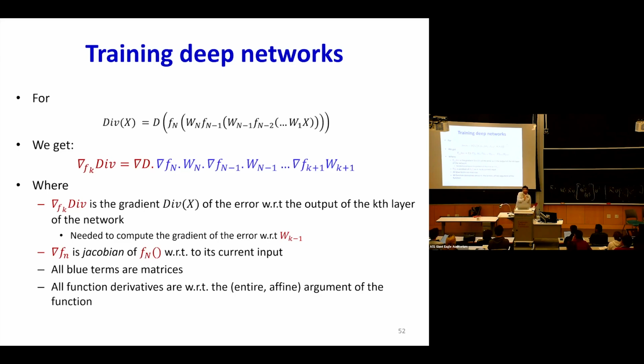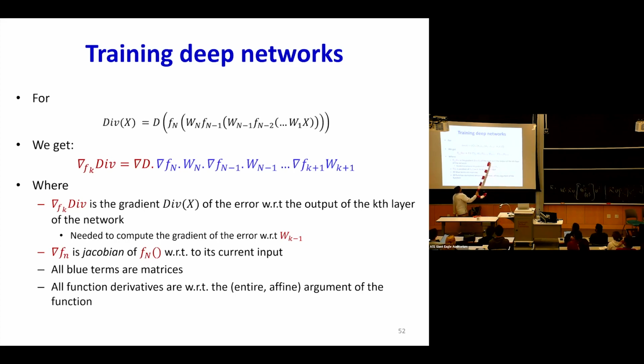So I can pick any one of the intermediate layers or even the input as my basic variable. So x could represent anything in the middle of the network. And so if I represent the divergence as the function D of fn times wn times f of n minus 1 and so on.